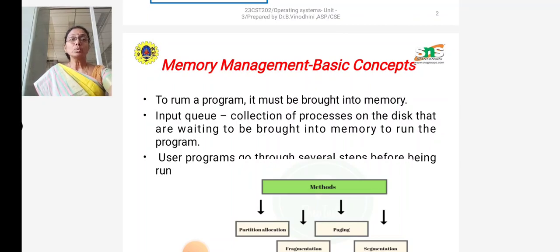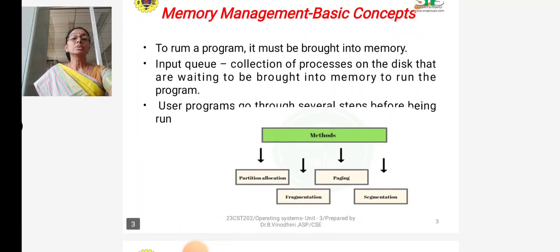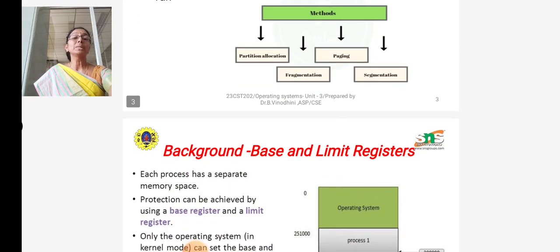From the ready queue, the CPU selects a process and executes it in memory. So from the job queue, the collection of processes is brought into memory to run the program. This is the basic concept of memory management.